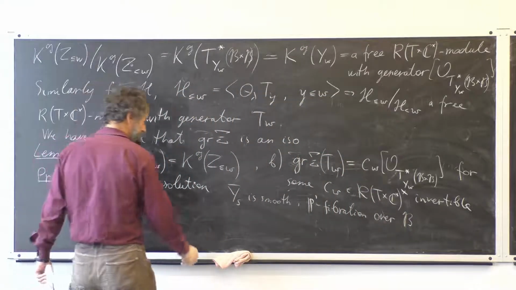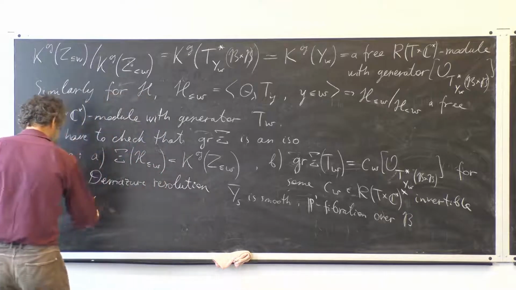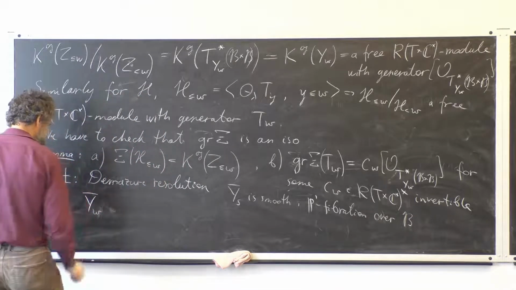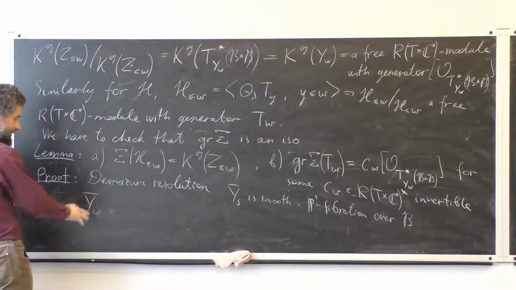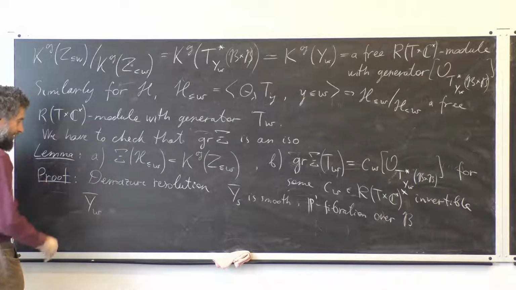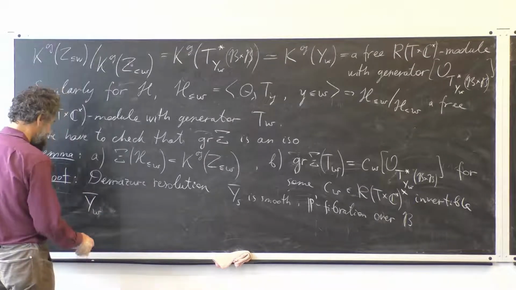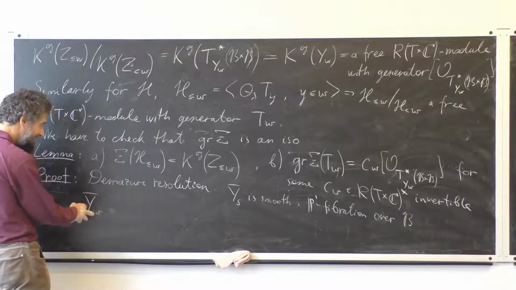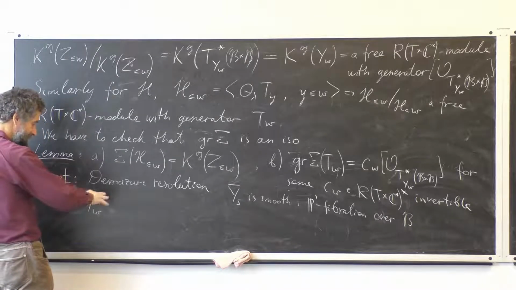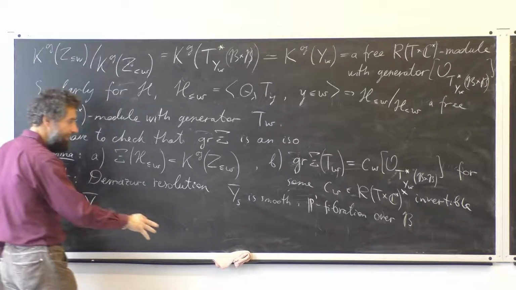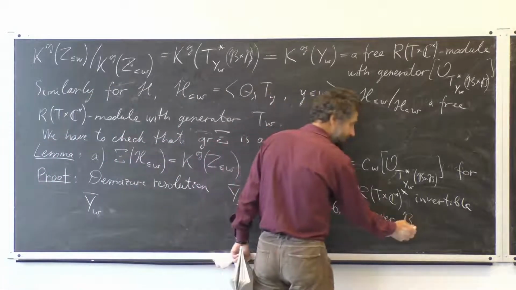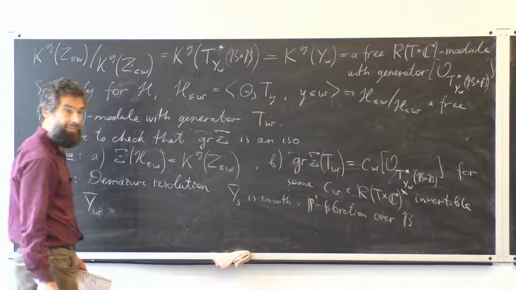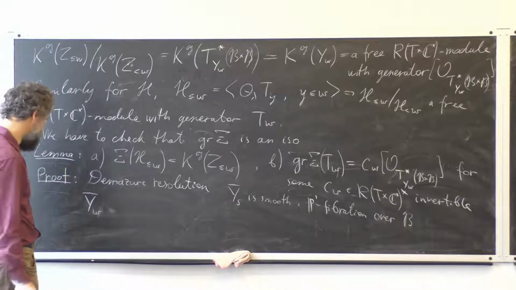But if we take Y_w bar for arbitrary w of bigger length, then in general it's not smooth. I mean, if w is the longest element, then this closure will be the whole B squared and will be smooth again. But in general, it's never smooth.